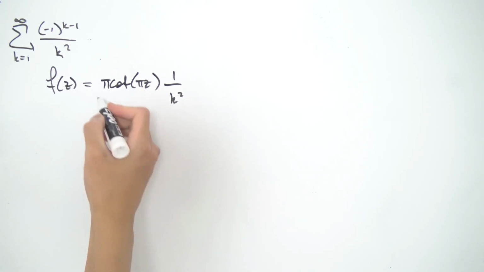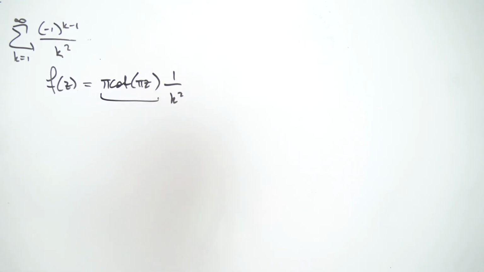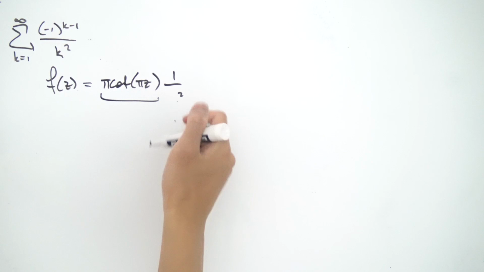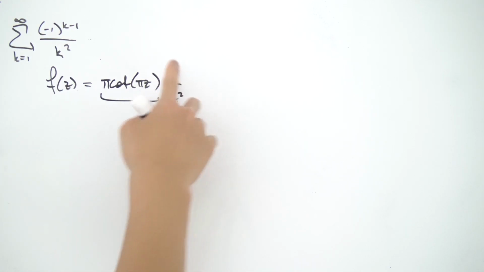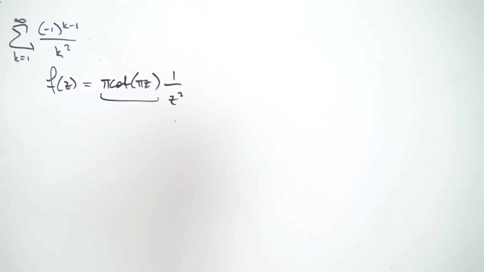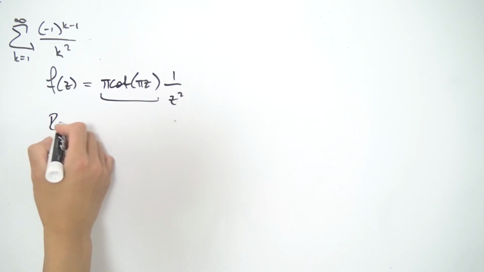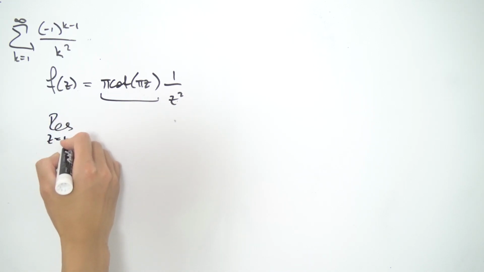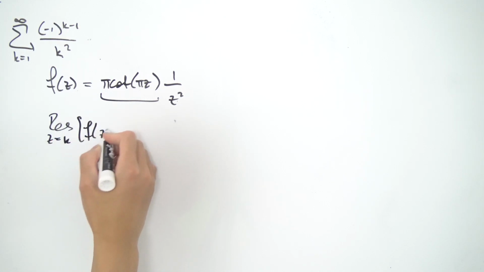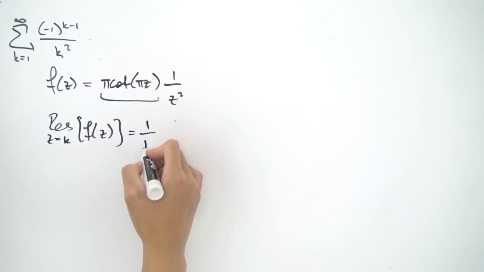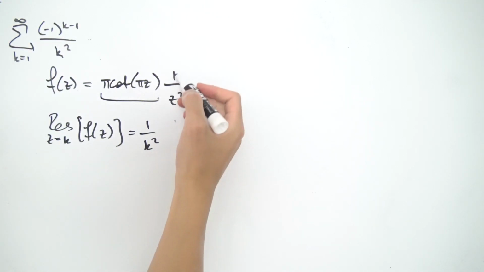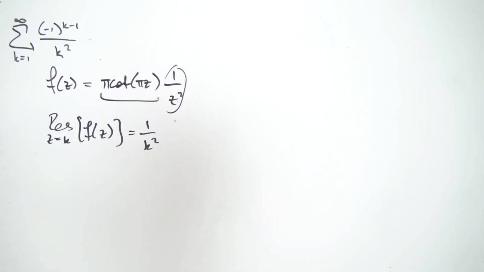It turns out if you have this multiplier in front, 1 over z squared, and you take the residue at those integers of our function f of z, it spits out whatever you have inside of the sum, so 1 over k squared. So you take this 1 over z squared and you evaluate it at each of those integers k.